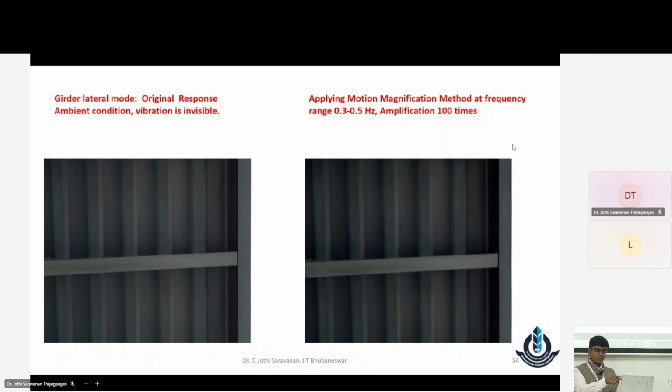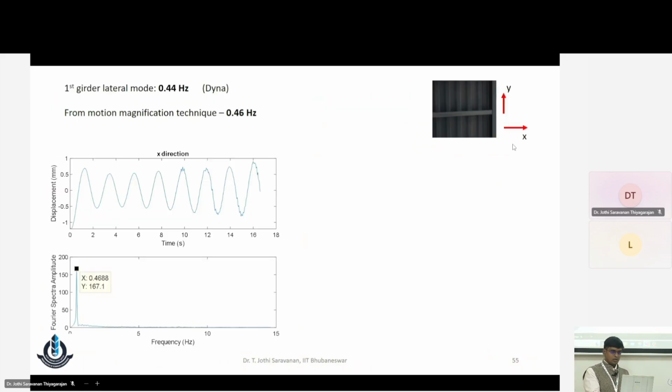Luckily we have a video where a car is passing and we could get a very good vibration. So these are the results obtained. The first girder lateral mode using the Dyna software simulation was 0.44 hertz, but using this technique, where you can see the vibration, the first mode is around 0.46 hertz, which is a very good match.